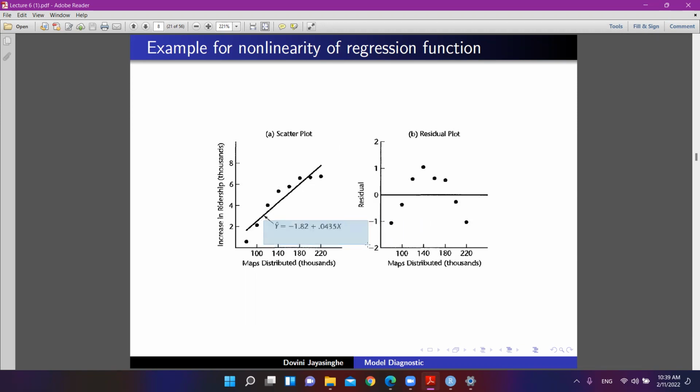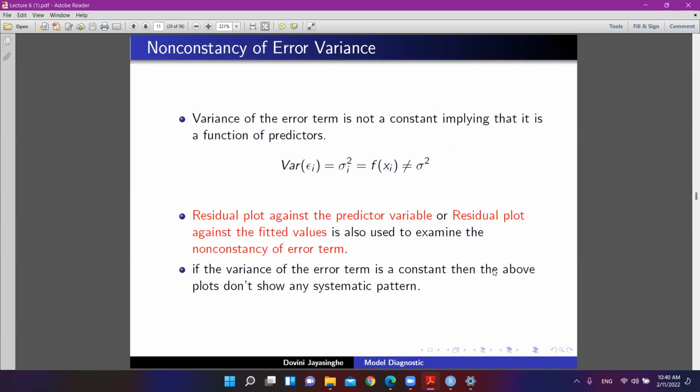So a linear regression model could never be fitted to this if you want to estimate well. By scatter plot also, you can identify some nonlinearity, but it is not that clearly visible. But when you go to the residual plot, then nonlinearity is clearly visible if it is nonlinear. Same idea here.